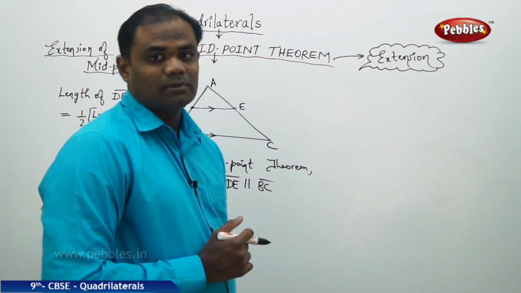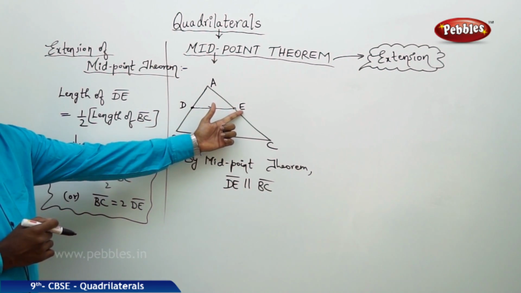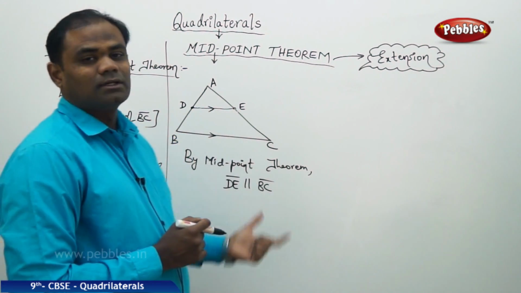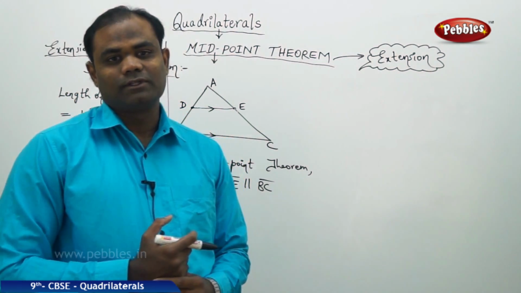So my theorem for extension says, if a line joins the midpoints of two sides of a triangle, it is parallel to the third side and also exactly half of the third side.